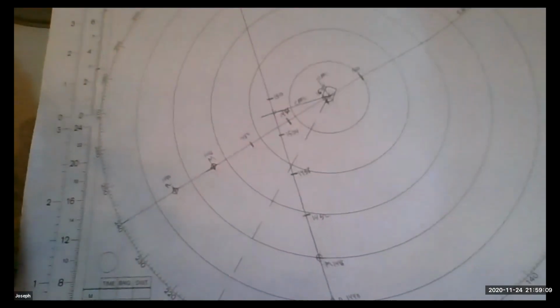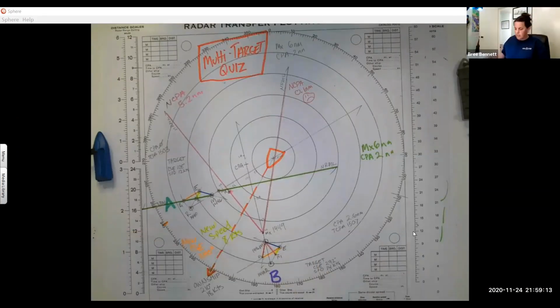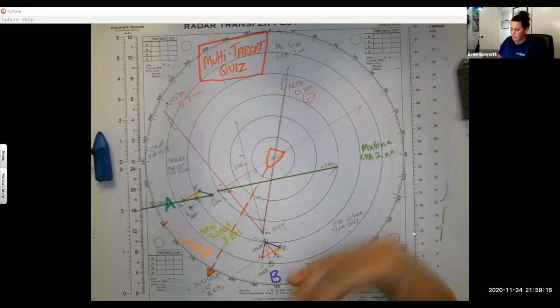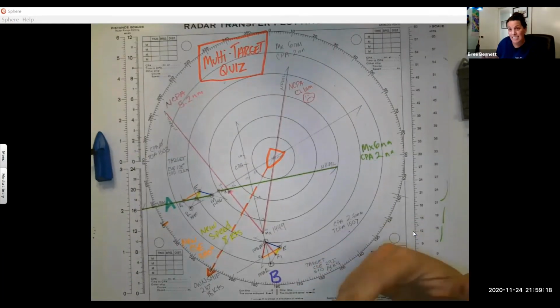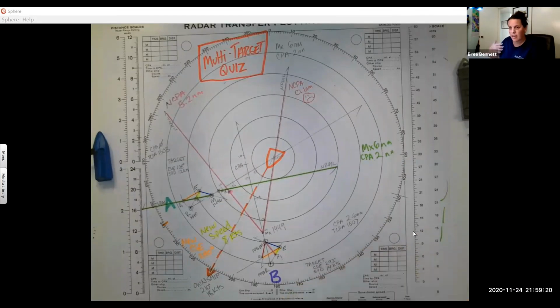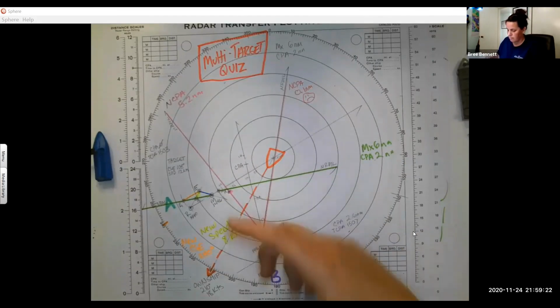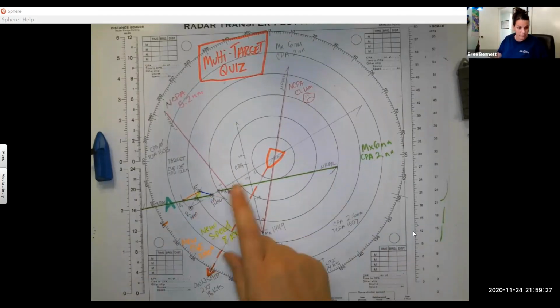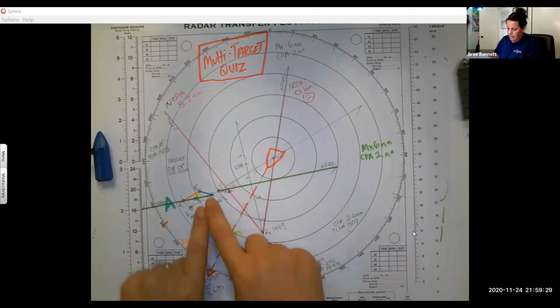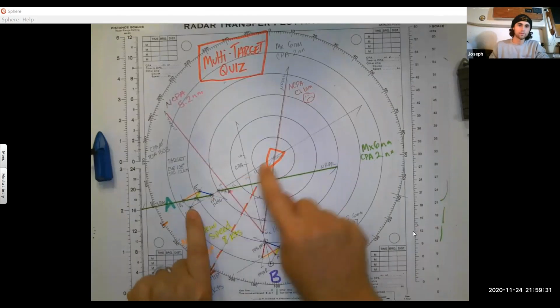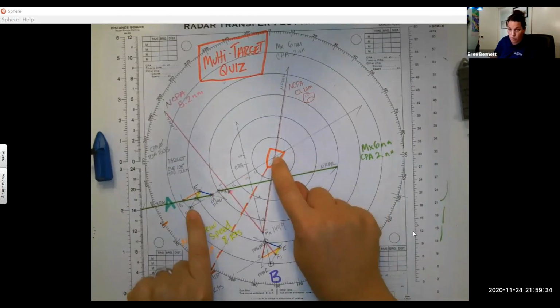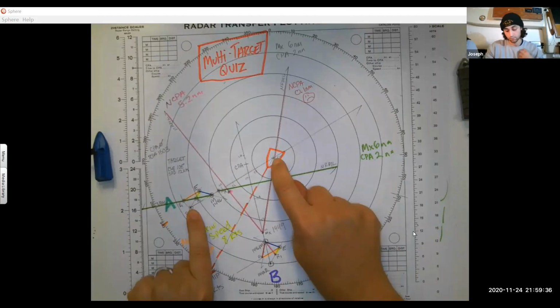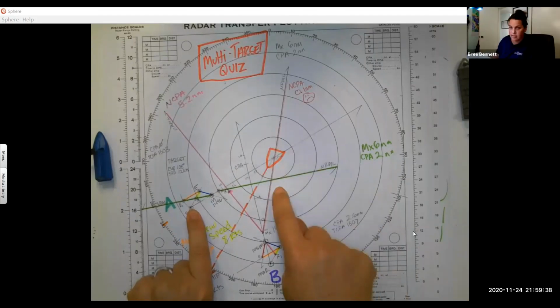So for the CPA, let me go back to share screen. If you're asking, is it going to pass behind us or ahead of us? That's what I like to think about when thinking about where that CPA is. So we have R to M. That CPA is passing directly through us. So it's neither to the north or to the south.